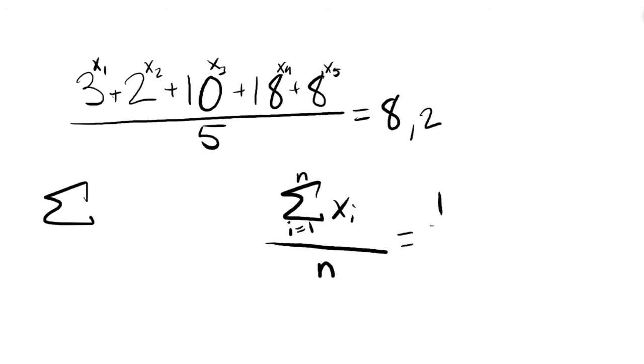We can also write this as 1 divided by n times the sum of xi, i from 1 to n. That works just as fine as this. It's the same thing. But the mean is often used in other formulas and stuff like that.